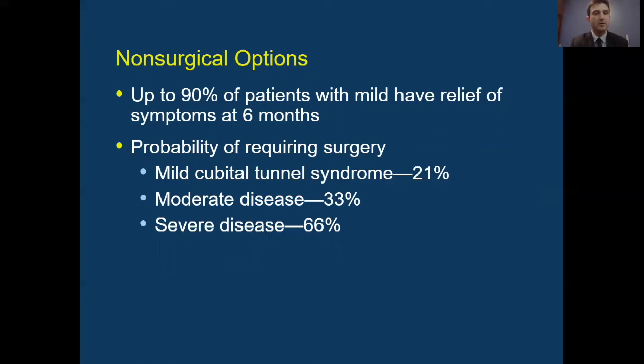In the moderate, it's about 33% that fail splinting and need surgery. And in the more severe cases, we oftentimes try the bracing, but about 70% tend to fail this and require surgery in 1 year. So in the severe, we tend to lean towards surgery when we see those findings, just because we know it won't be successful long term. And there's a window there. Once the muscle starts to atrophy, it's less likely to recover if we wait too long.